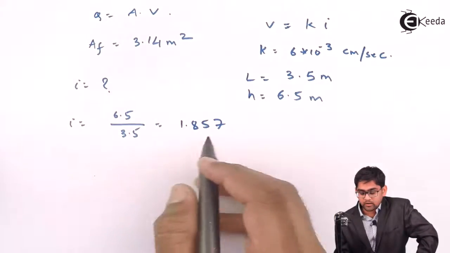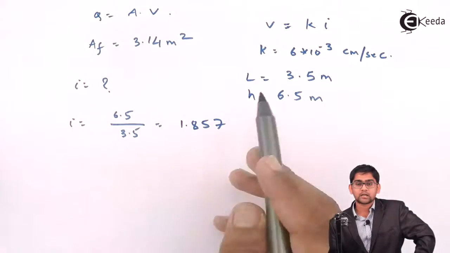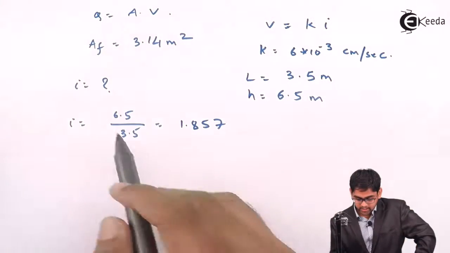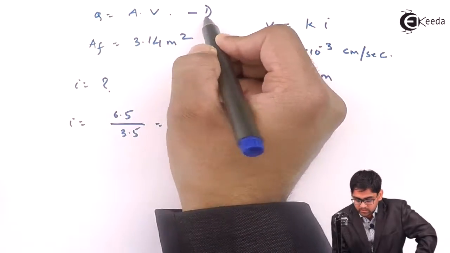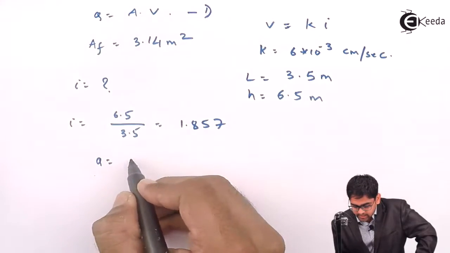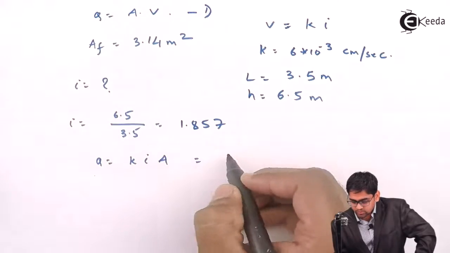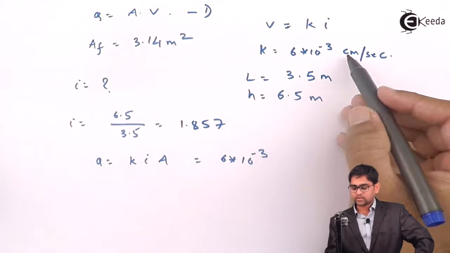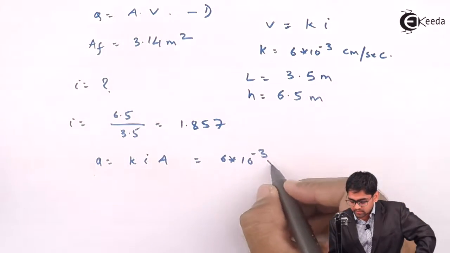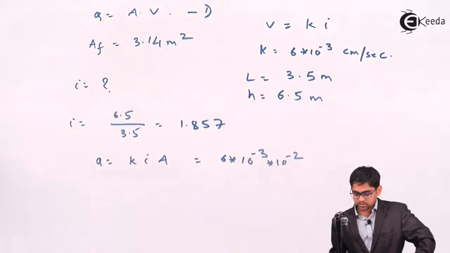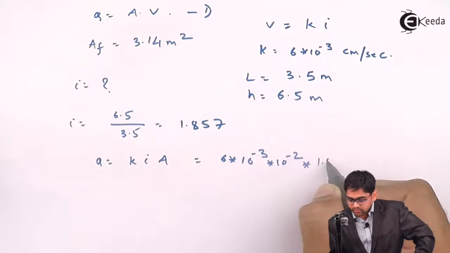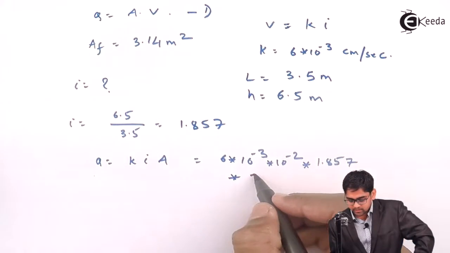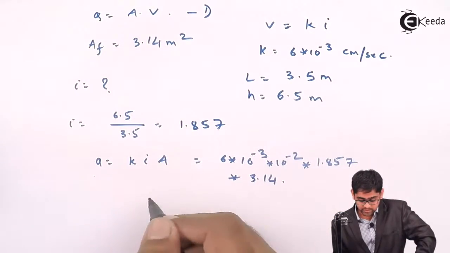You need to place all these values I, K, A in this expression. Q becomes K I A, where K is 6 into 10 raised to minus 3. I need to convert it into meters, so it becomes 10 raised to minus 2 meter per second, and I is unitless, 1.857, into area, which is in meter square, so there is no need to convert the unit.